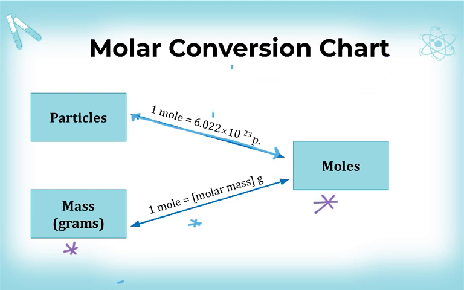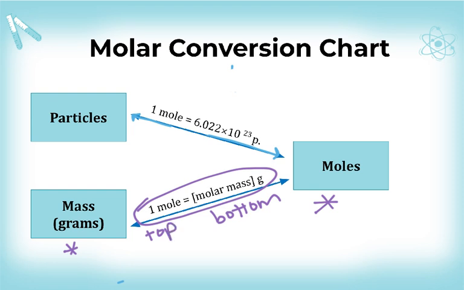And so as we look at that going grams to moles, my conversion factor is going to be this. I am starting at grams, so that means my molar mass in grams is going to go in the bottom of my fraction, so I can cancel it. The 1 mole is going to go in the top of my conversion factor.